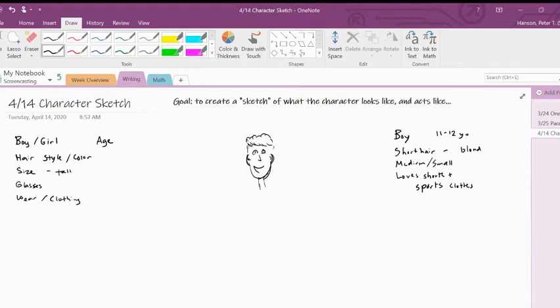Other things I want to start to think about is beyond what they look like. I really want to be thinking a little bit about what they act like, or as we would say, who they are. Who are they? I might want to think about, and I'm going to list some things on the side here. Are they kind? Are they mean?